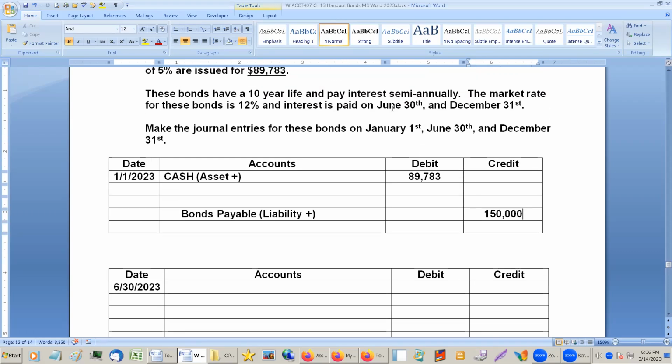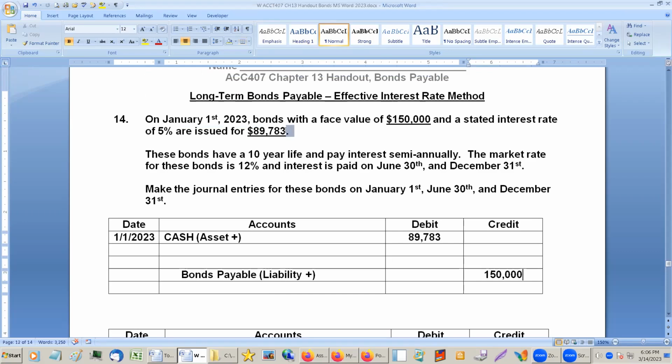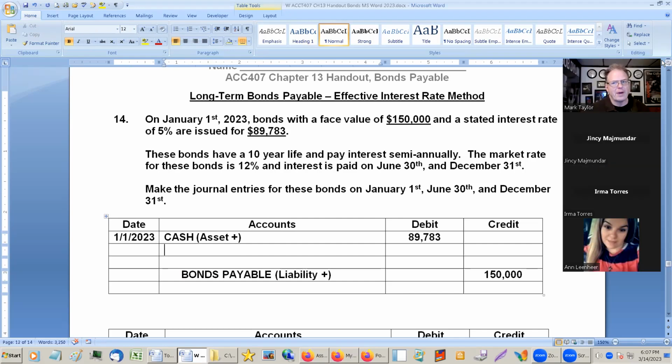Okay, now we got less than the face amount. So is this going to be a premium or a discount? Oh, come on, you guys know this.